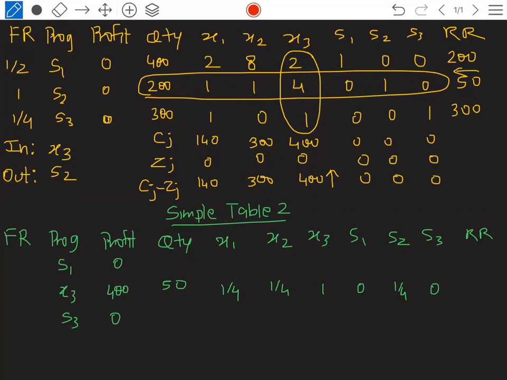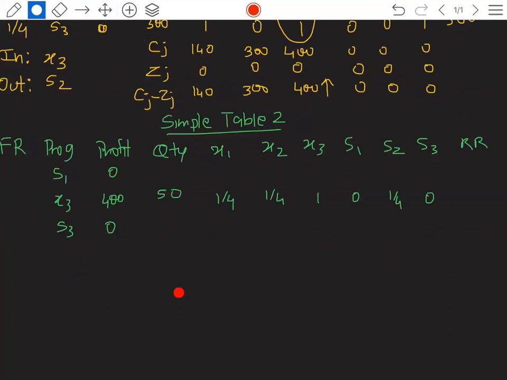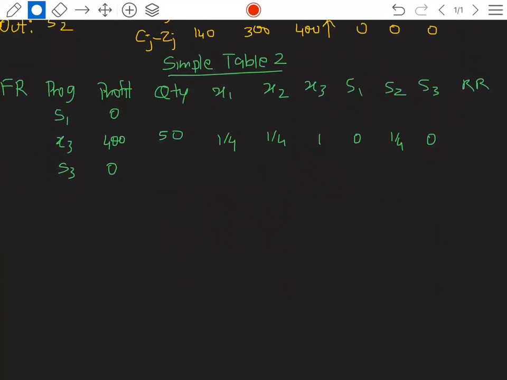Then with regards to the other two rows, S1 and S3, we need to fill them up by the working. And we know the working that takes place. The working is simply A minus B, which we have seen in the previous videos also. So let's do the working.